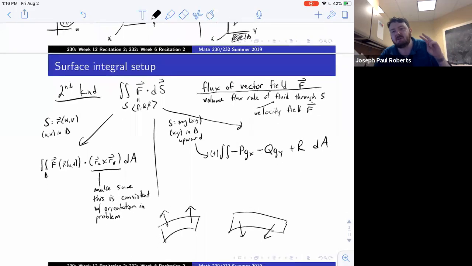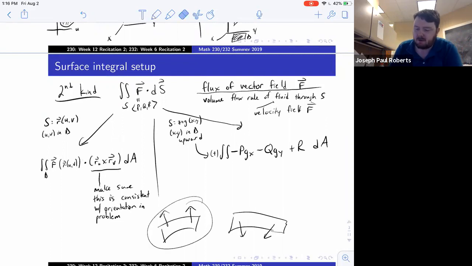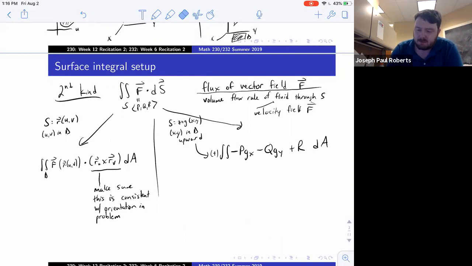Really, it's the same idea as you're painting one side blue, the other side white. And so you'll have to make sure that this r_u cross r_v vector is consistent with the orientation that you're given in the problem, and that's a little bit annoying. So essentially, I try to do this whenever possible.